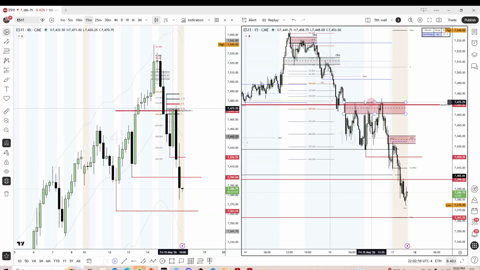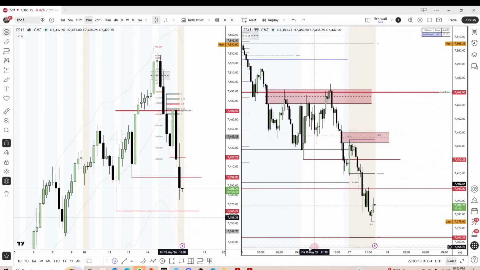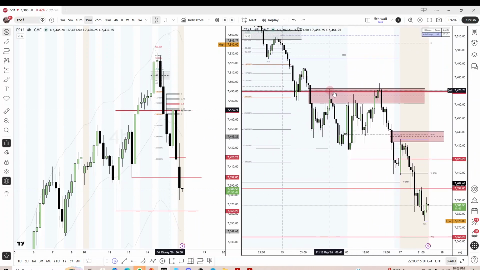All right, so here we have a run on stops followed by market structure shift. So we have a run above these swing highs into a bearish fair value gap. It's also optimal trade entry short as well, and this is just how I see things.